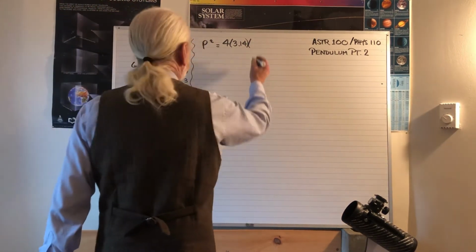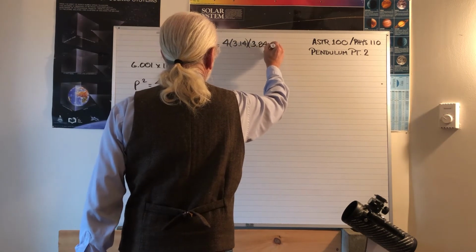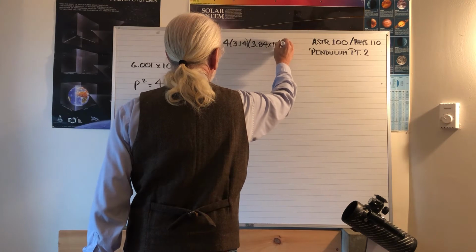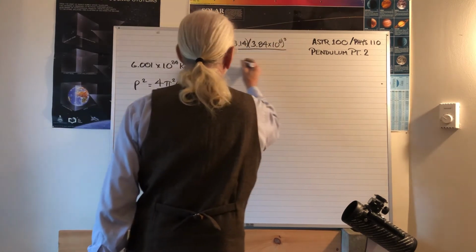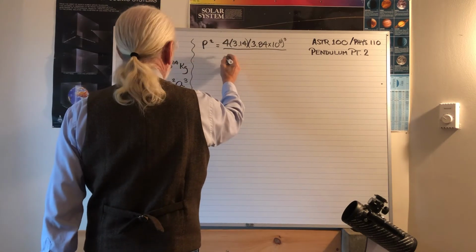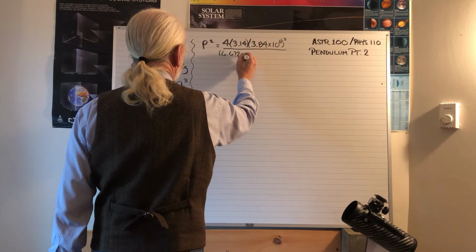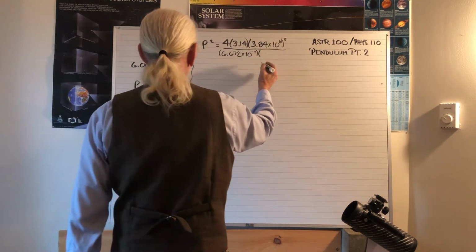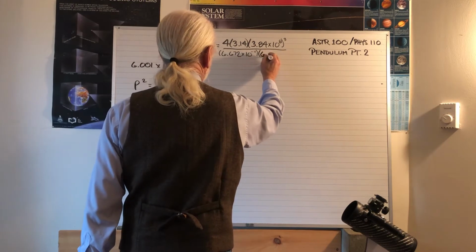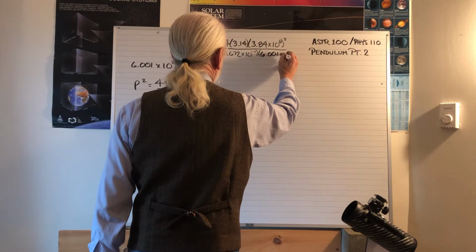And so here we go, 3.84 times 10 to the 8th cubed over G, 6.672 times 10 to the negative 11 times our mass, which we figured was 6.001 times 10 to the 24th.